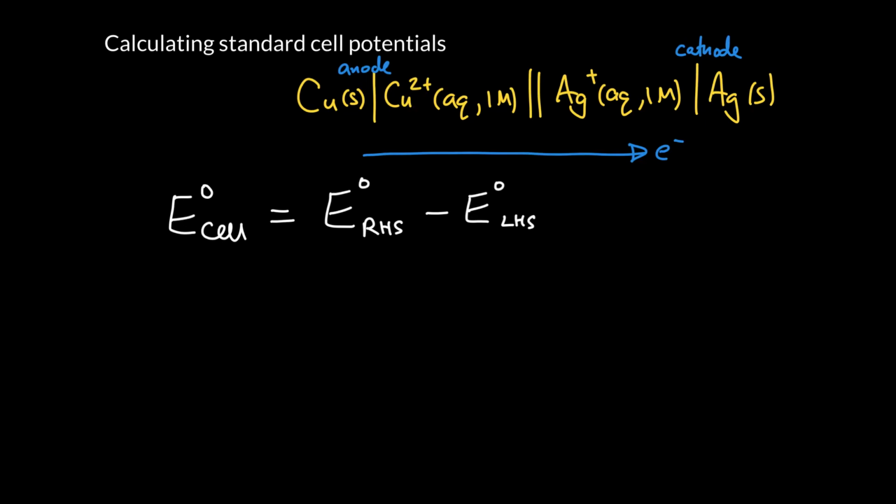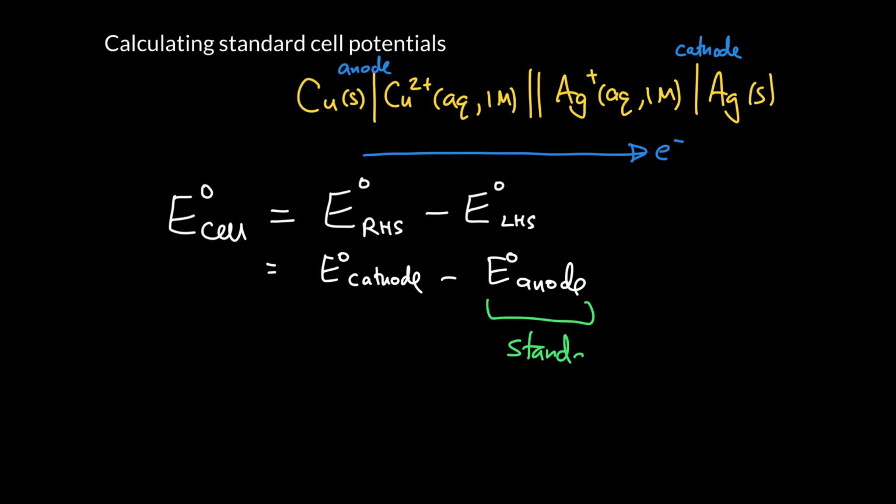It's kind of like the electronegativity number towards the electrode, and we're just going to pit them in a war against each other. The right-hand side, remember, is the cathode. So that is E cathode minus E anode. And these things here we're going to refer to as standard electrode potentials.